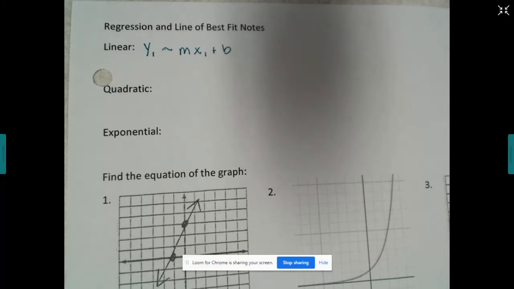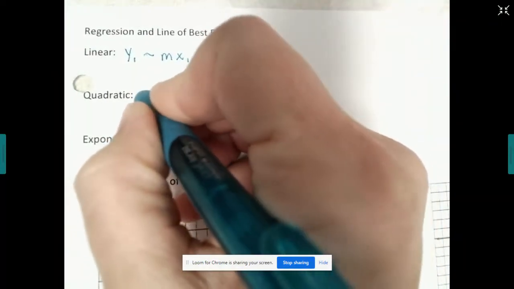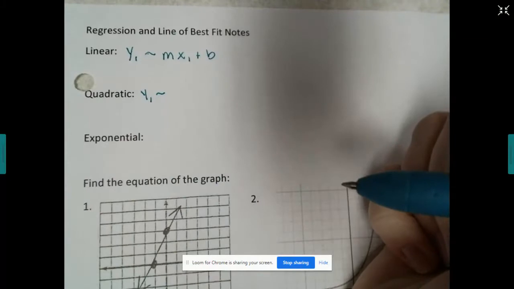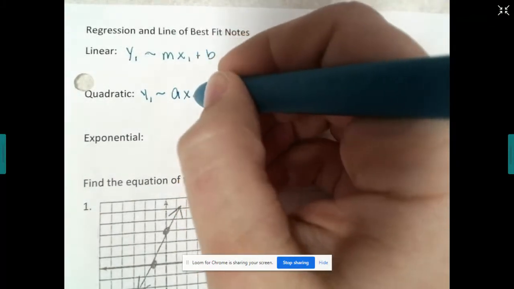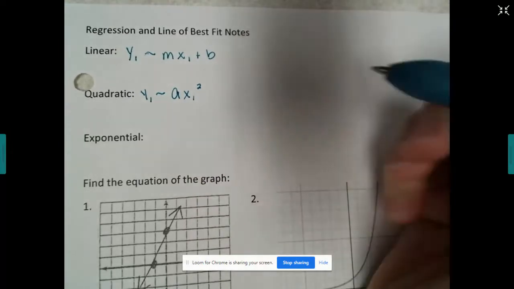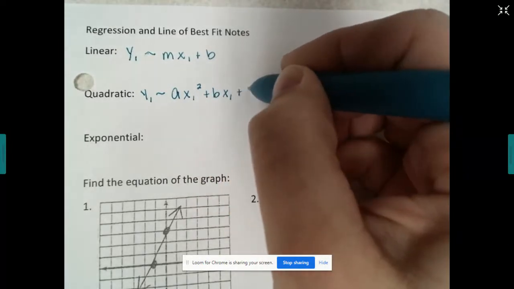If it is a quadratic, so you know that is a parabola, so it looks like number 3, then your regression model is y1, squiggly again, and then it's just standard form of a quadratic, so a x1 squared plus b x1 plus c.